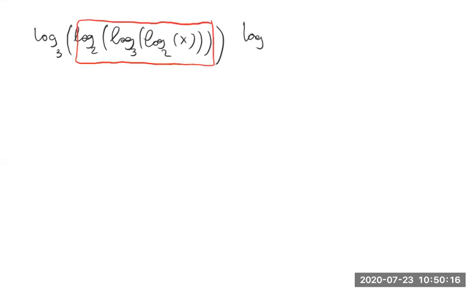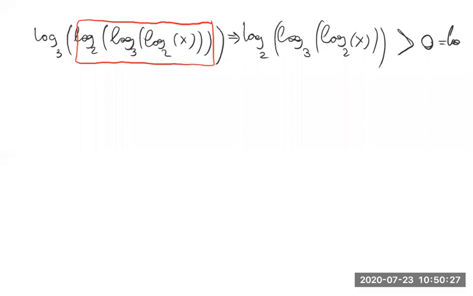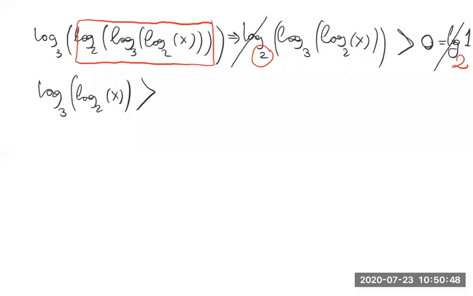So log in base 2 of log in base 3 of log in base 2 of x should be positive. But 0 is log of 1 in any base. Because the outermost log has base 2, I would write the base 2 here. And then I can cancel these two logs. So log in base 3 of log in base 2 of x should be greater than 1.